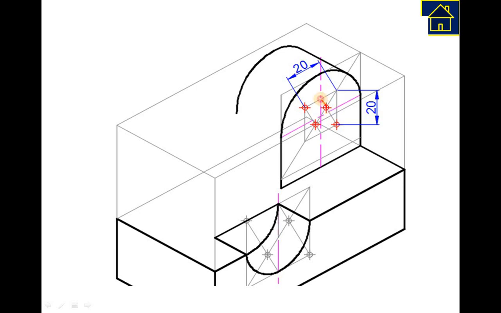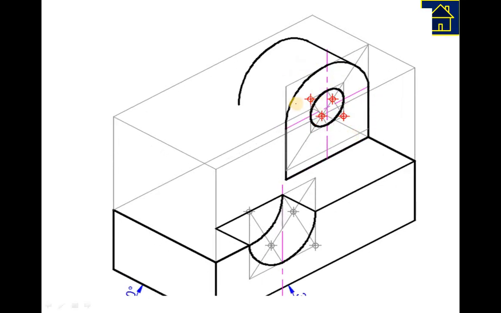With this center, I will complete this arc. With this center and this much radius, I will complete this arc. With this center and this much radius, I will complete this arc. With this center and this much radius, I will complete this arc. So this is the kind of ellipse that you will get once you complete this.